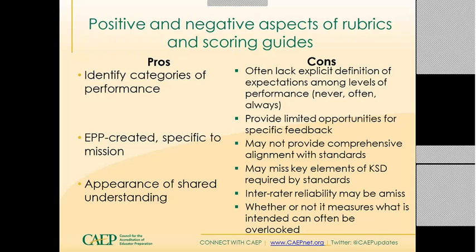And so what scoring guides and rubrics help us to do is to identify what are the categories of performance that are being evaluated. Another positive aspect of rubrics and scoring guides is that many are EPP created and very specific to the mission of an EPP. We used to talk about conceptual frameworks, and this is the way that the rubrics and the scoring guides can align with your conceptual framework by highlighting those aspects of candidate performance that you consider to be the most imperative in your particular EPP.